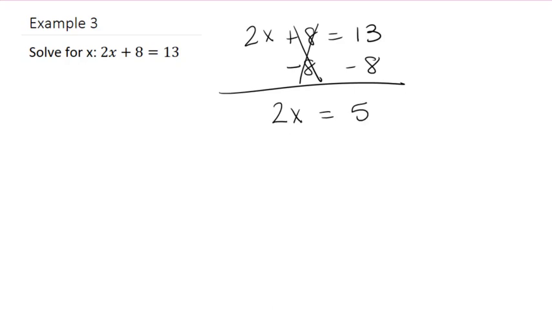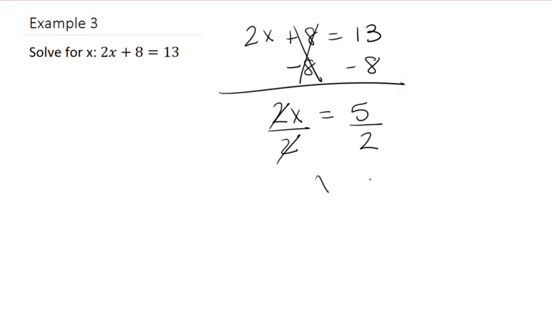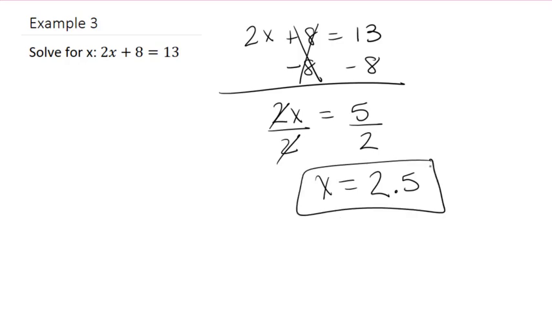Now to undo multiplication, we divide. That gets rid of it right here, and then we divide by 2 on the other side. So we get 5 divided by 2, which is equal to 2.5, and that would be our final solution.